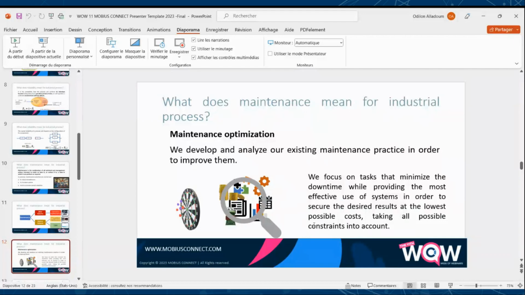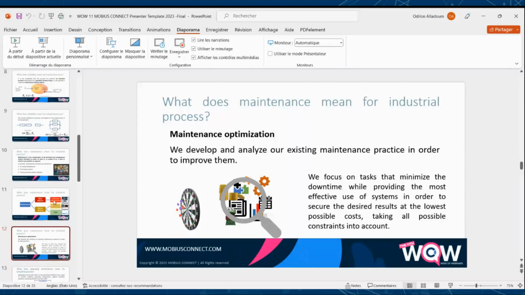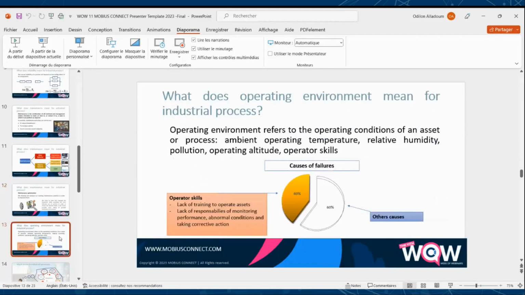We take, for that purpose, all constraints into account. This work is done on the basis of criteria that reflect our organizational constraints and objectives. The most used criteria are replacement interval, availability, and profits.